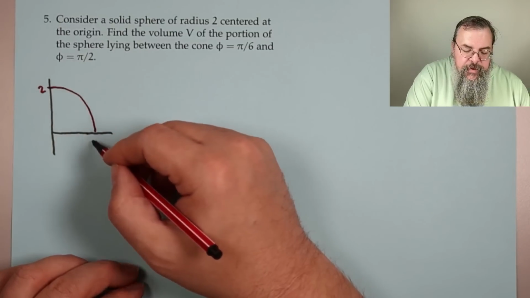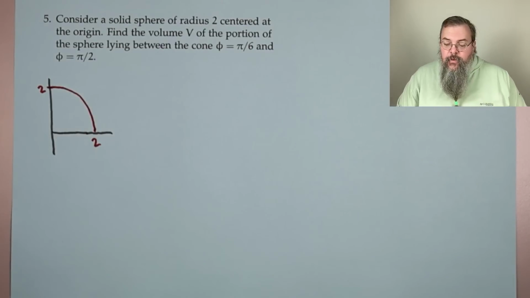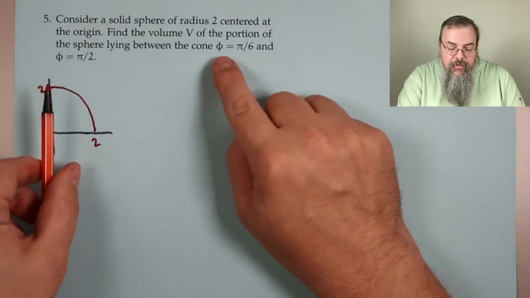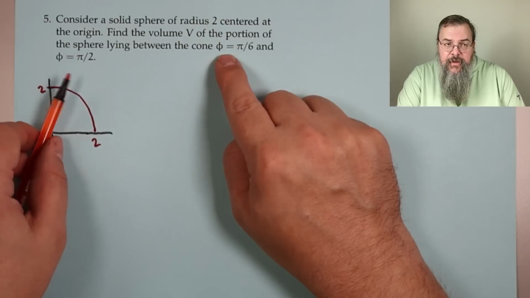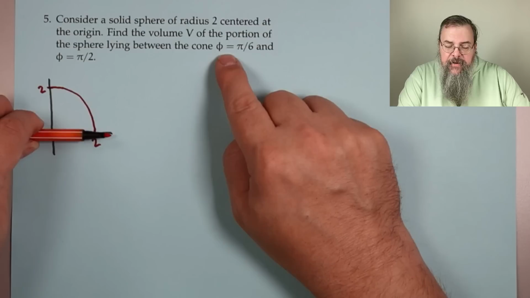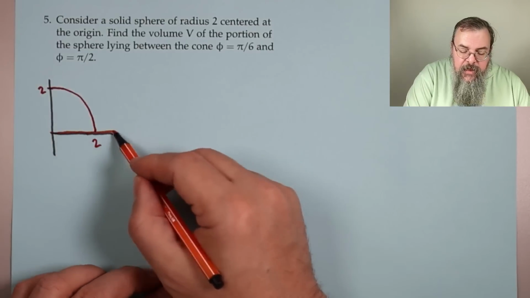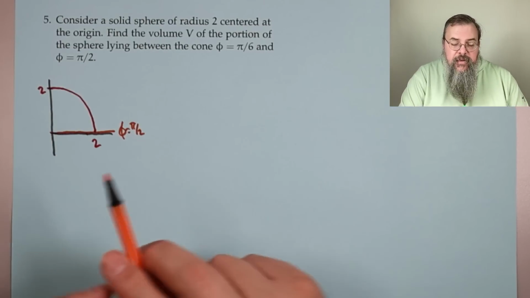And there we go. Then we have two angles. So one angle is pi 6, the other angle is pi halves. Now remember how we measure this angle. So this is phi. So straight up is 0, and then we increase. So pi halves is actually here. It's the xy plane. So here is our phi equals pi halves. Now where is pi 6?